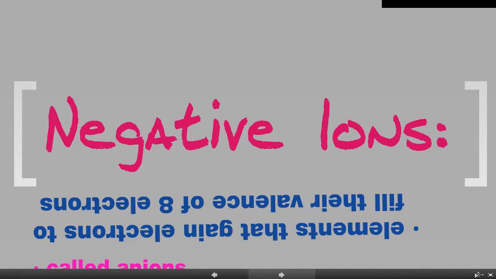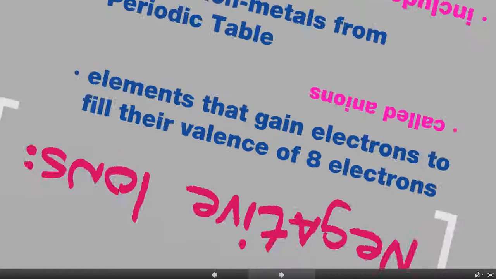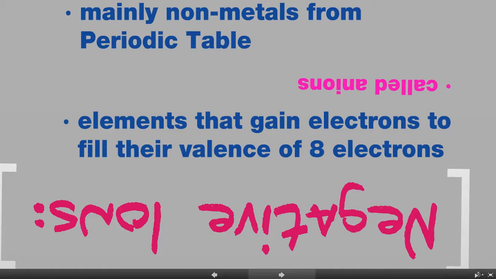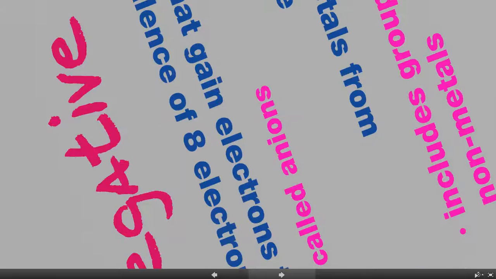So let's talk about negative ions and their qualities here. So negative ions are going to be elements that gain electrons. So they're going to gain a negative charge to fill their valence. They're going to be called anions.